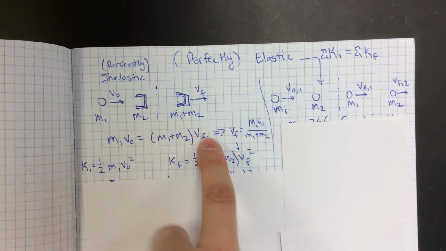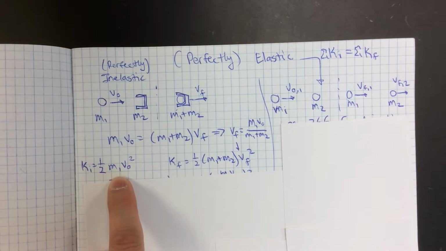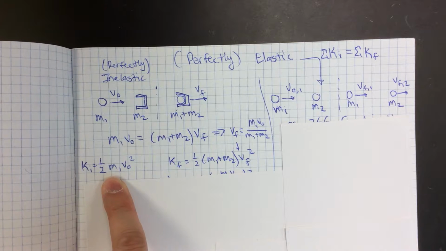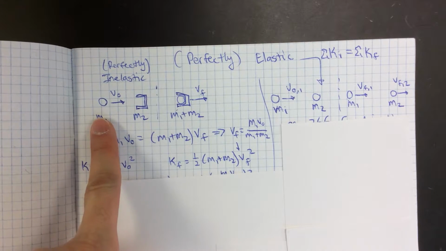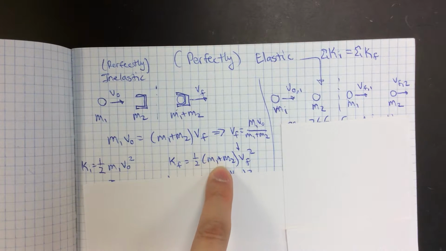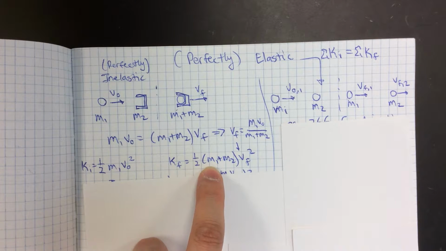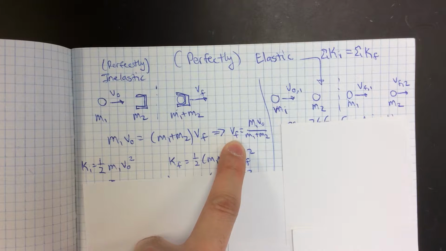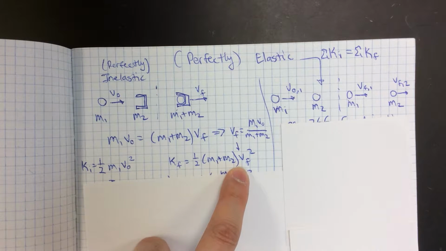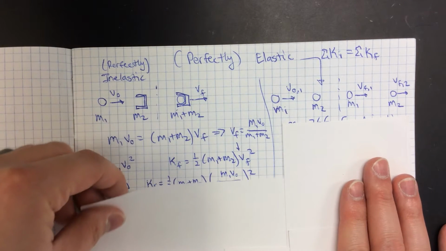But anyway, so if we look at the kinetic energies before and after, here's the kinetic energy before. It's just this object moving. Here's the kinetic energy after. They've stuck together, moving at the same velocity. And if we substitute from our momentum information into the kinetic energy here, we get something like this.